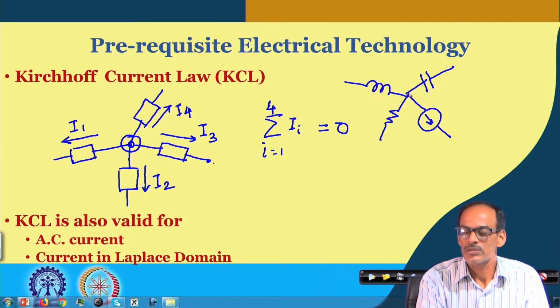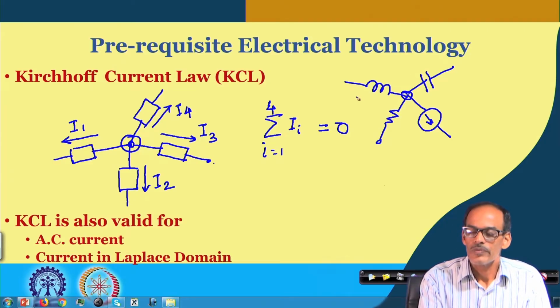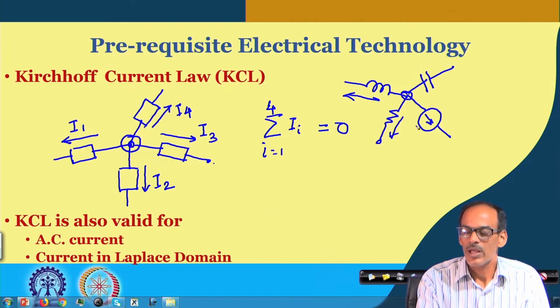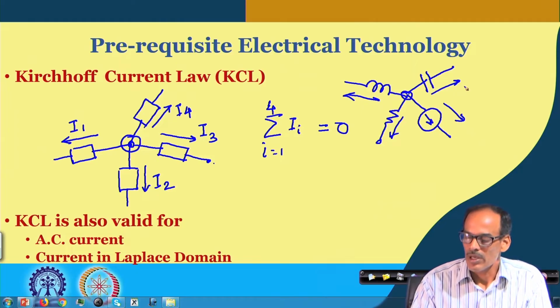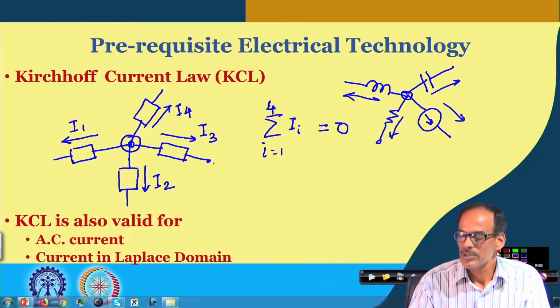It may be an inductive kind of element connected to this node. So, we can consider each of these currents and add all of them, and then we can find the expression of some unknown element in terms of other known elements.